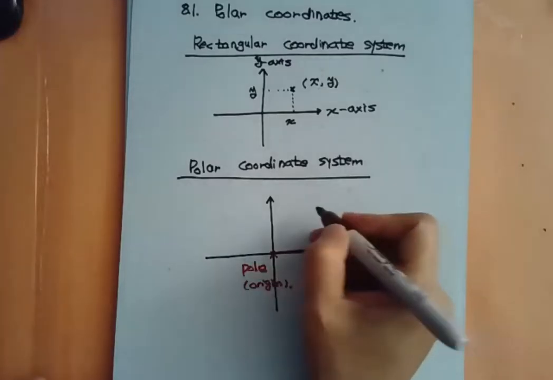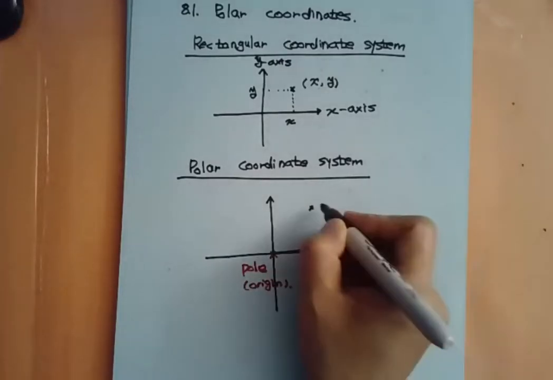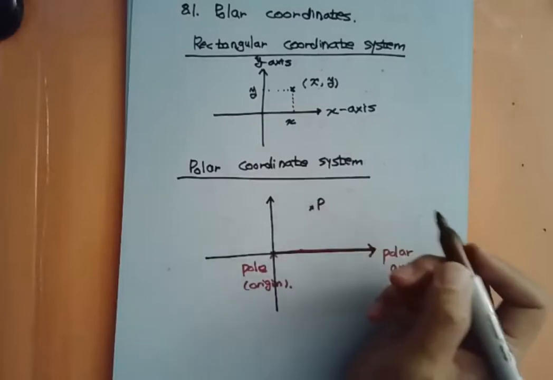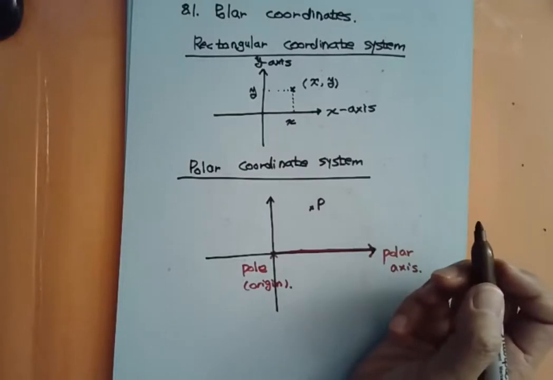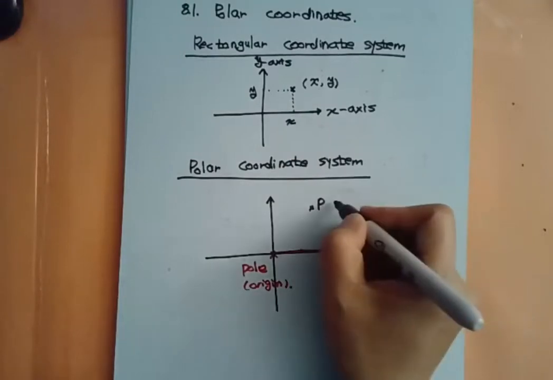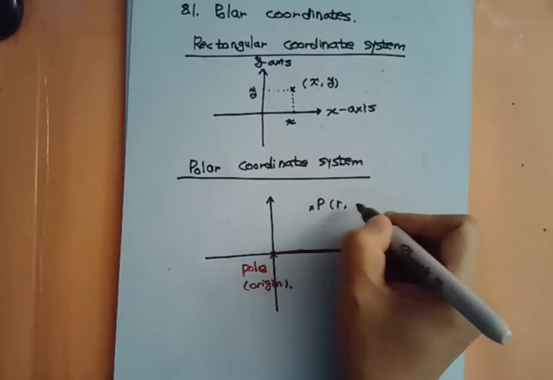So now we have a point in the polar coordinates. This point is denoted as P, and then the polar coordinate is written as r and theta.